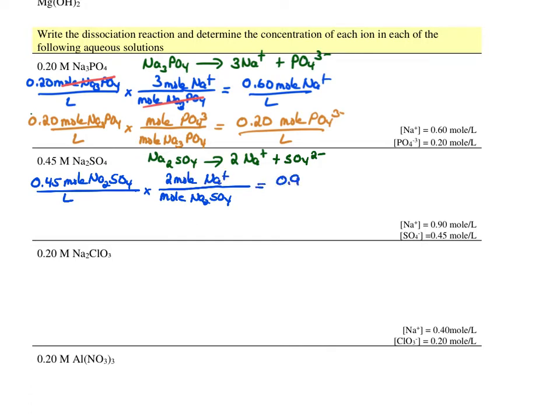So our math indicates 0.90 moles of sodium ion per liter, because our units of moles of sodium sulfate cancel out.